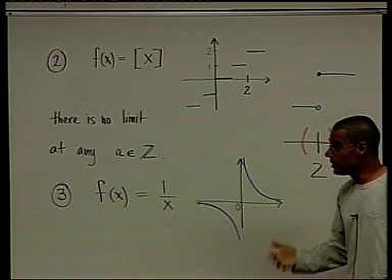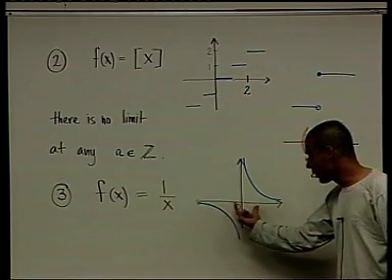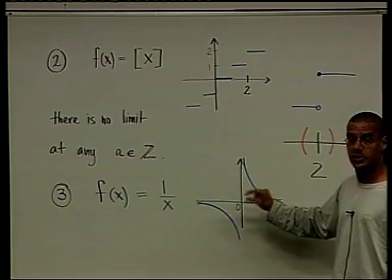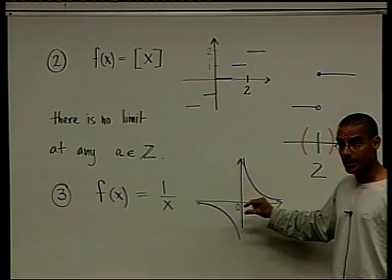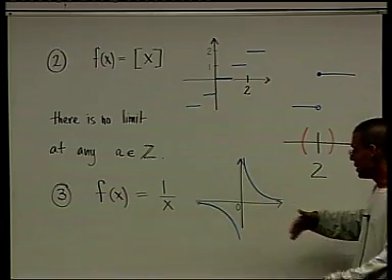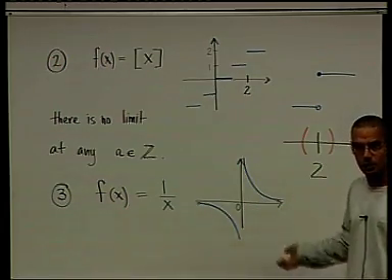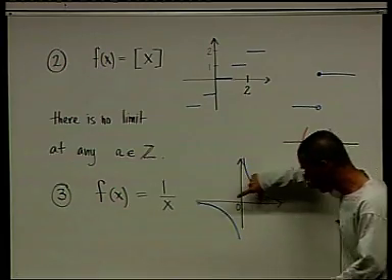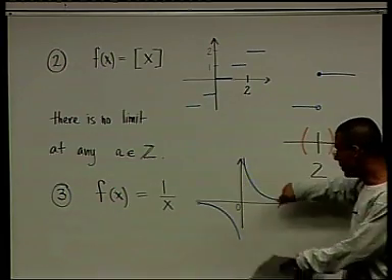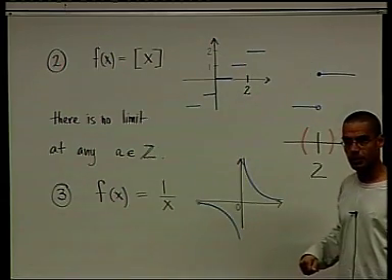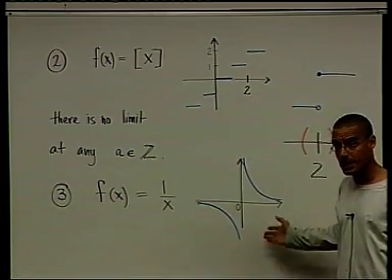So there is no L such that if we're close enough to 0, the values of the function are all concentrated near L. This is the most unconcentrated picture you can imagine. As we get closer and closer to 0, these things run off from each other as if they really don't like each other. Do you see that?